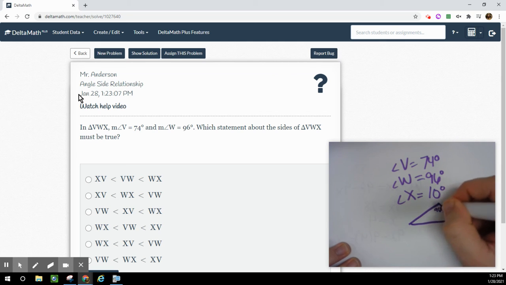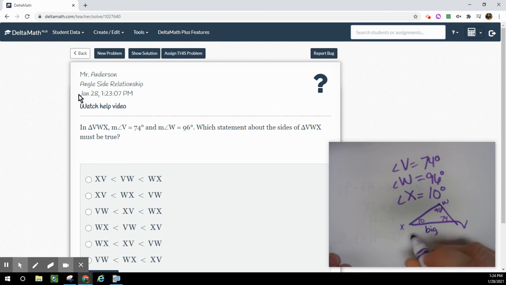So 96, 74, and 10 are W, V, and X. Across from 96 is the biggest side, across from 10 is the smallest side, and across from 74 is the medium side.